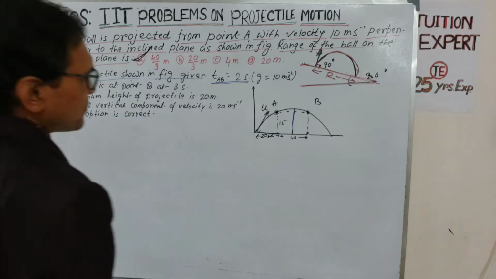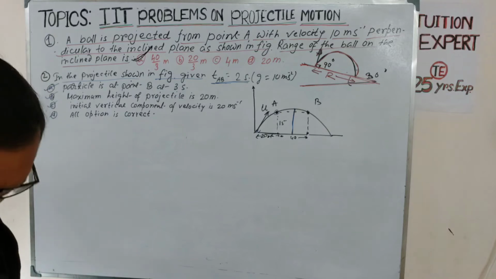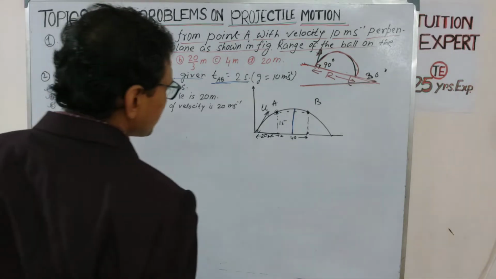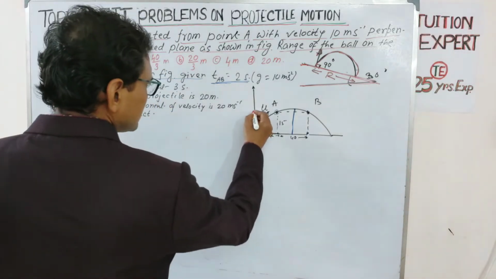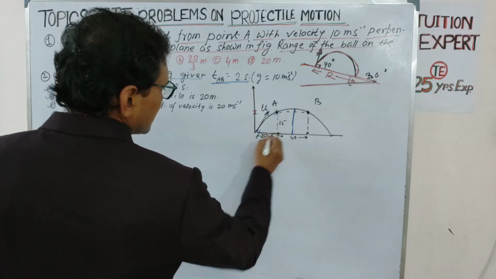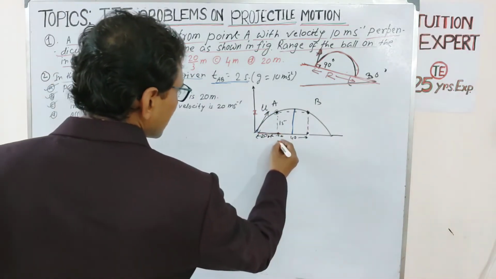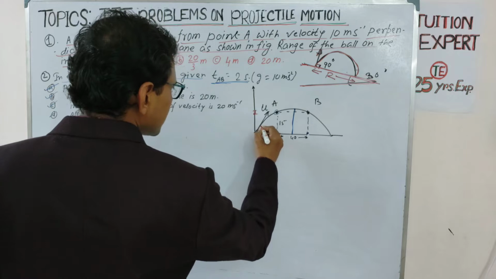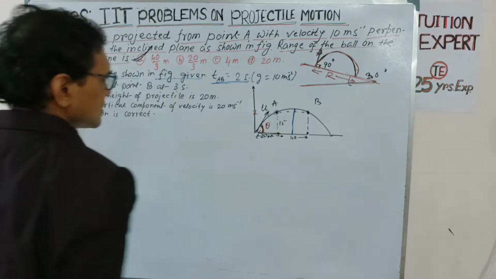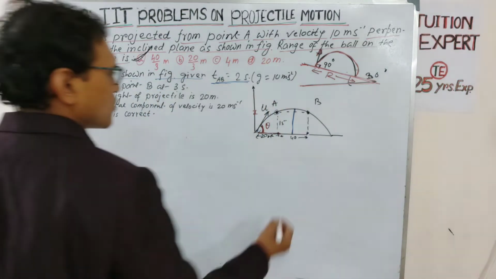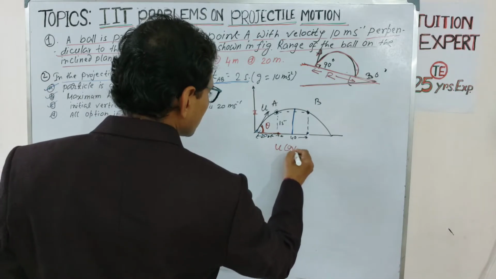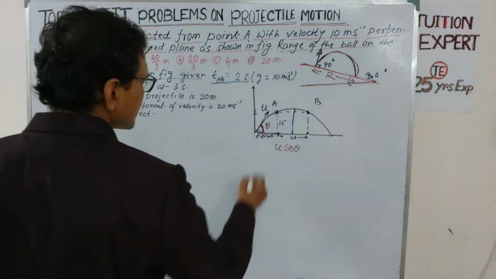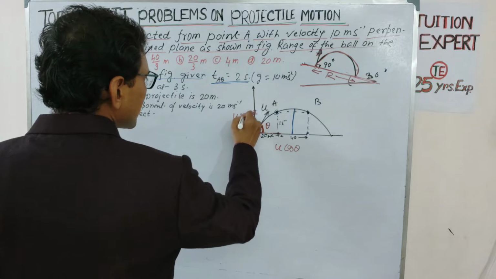This is the problem. Now, if we want to solve this problem, always resolve the velocity along x and y directions. This angle is not given, so suppose this angle is theta. What is the x component? u cos theta, and the y component is u sin theta.